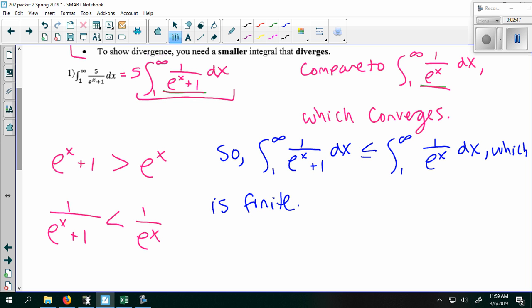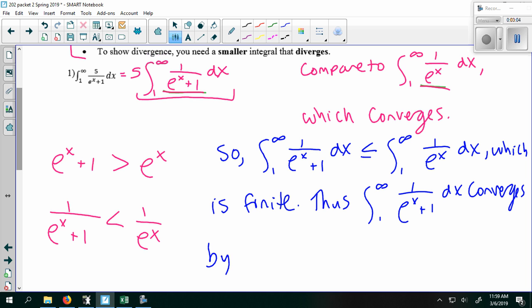So the integral I'm curious about is smaller than a finite integral, thus it converges by the comparison test.